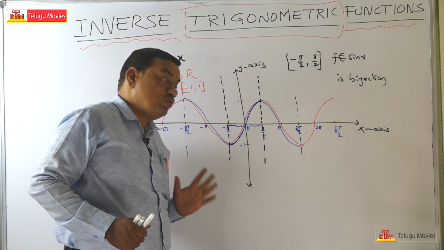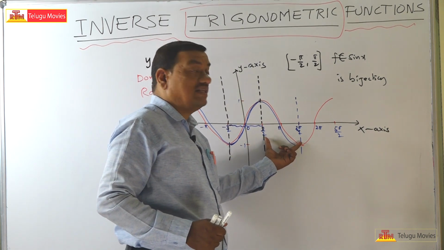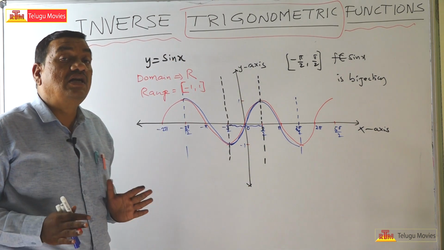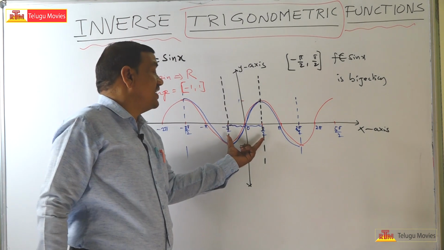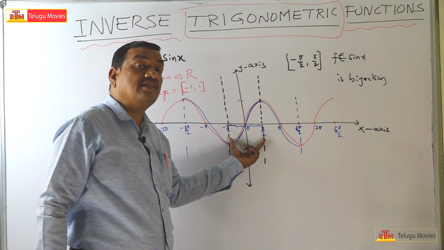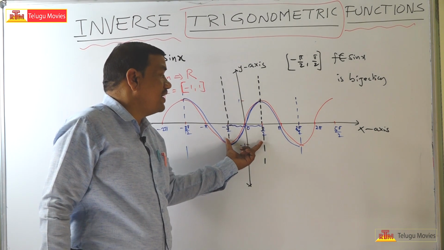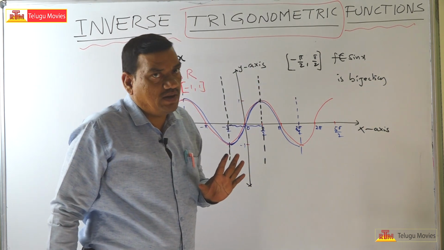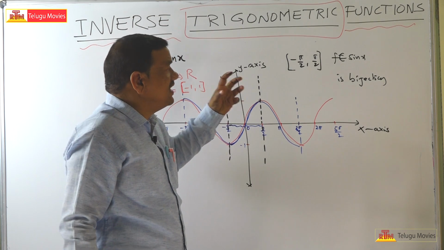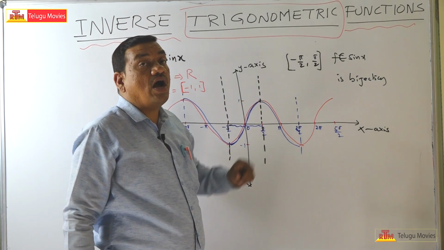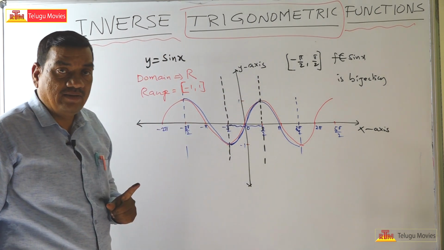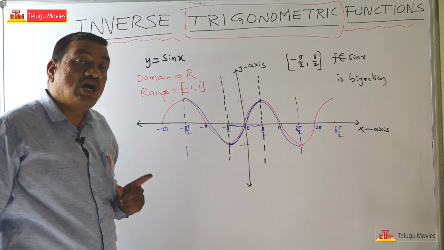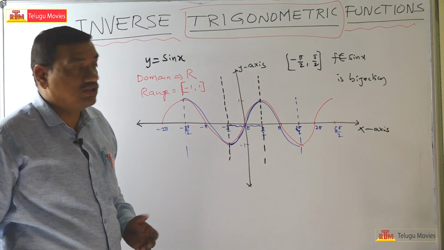Okay? But you can take from pi by 2 to 3 pi by 2 as well. For the fundamental definition, we will take the interval minus pi by 2 to plus pi by 2, including both end points. Now if you take that interval, every element has one and only one image, and it is also an onto function. That's why.